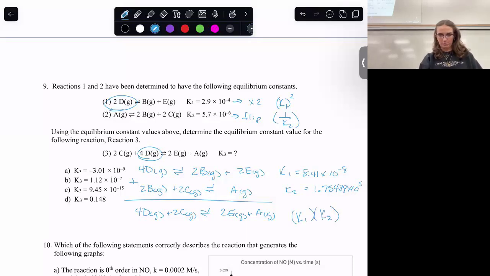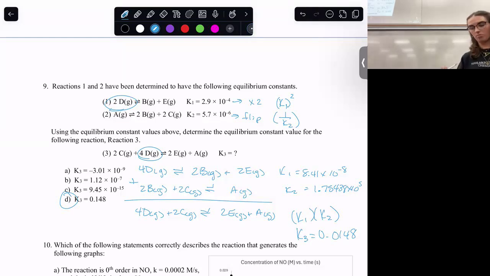So we should end up with D. And then I think we said it should be 0.148, not 148. Is this product or reactant favored? It's reactant favored, yep.